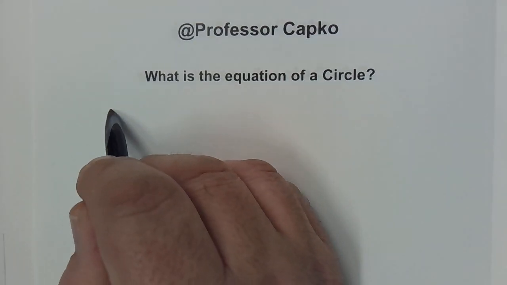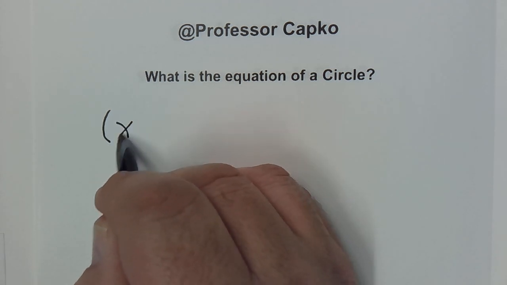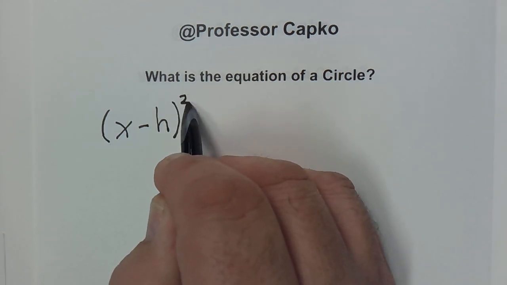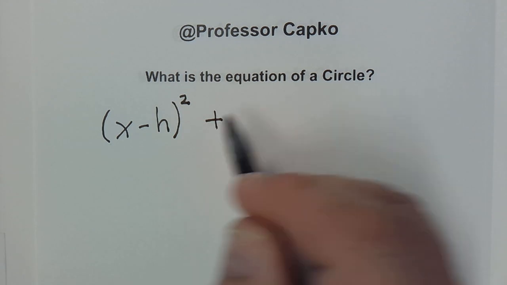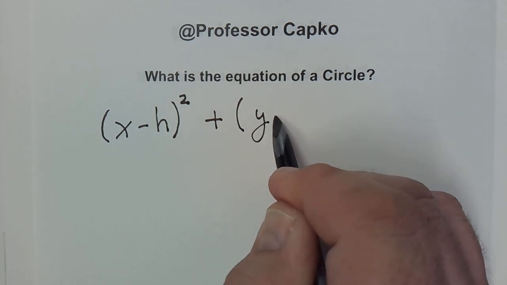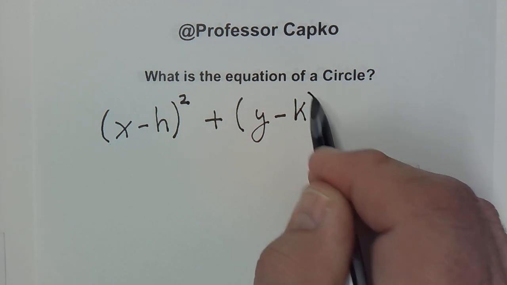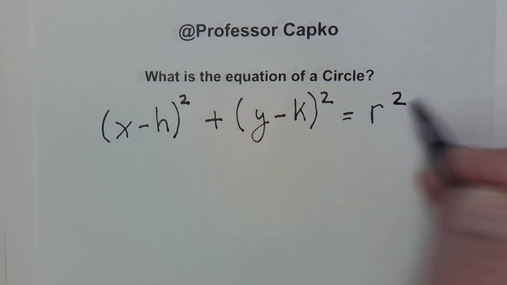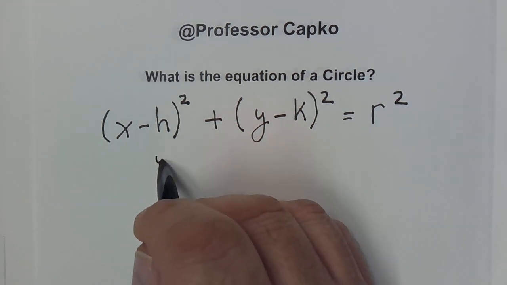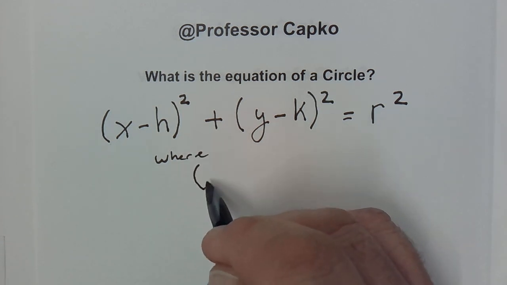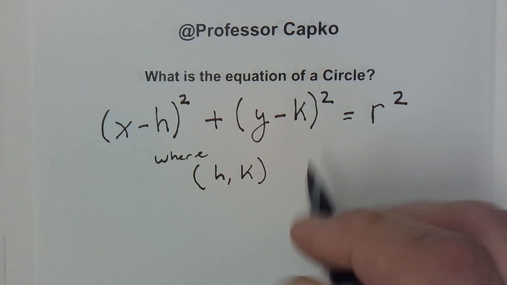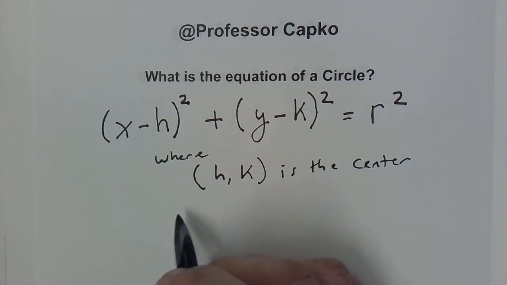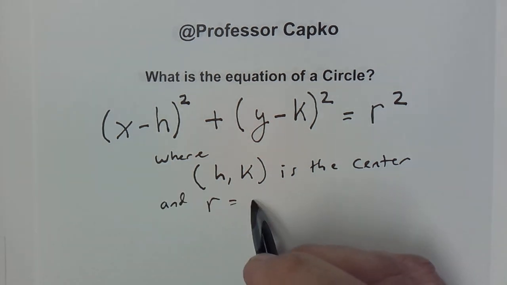The standard form is (x minus h) squared plus (y minus k) squared equals r squared, where h and k is the center and r equals the radius.